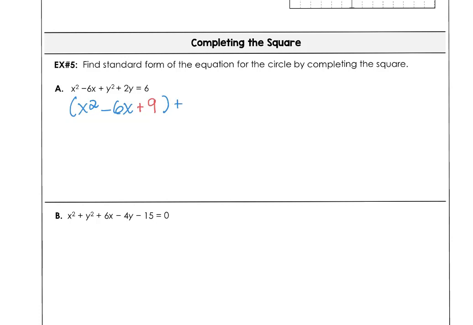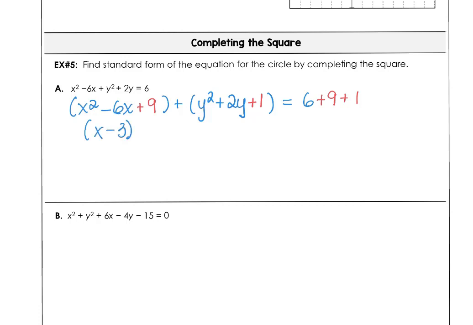And then group the y squared terms, so y squared plus 2y, and complete the square again. Half of 2 is 1. 1 squared is 1. And then on the right-hand side of the equation with the 6, I have to add 9 and 1 to both left and right side to keep that equation balanced.